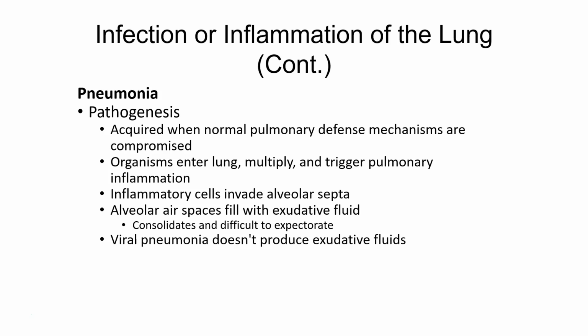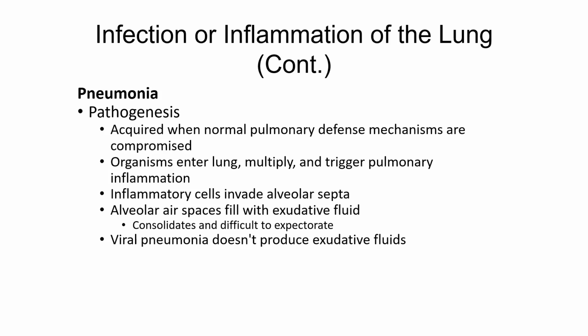And so what happens is, for some reason, your pulmonary defense mechanisms are compromised, and these organisms are able to get in there and cause the inflammatory processes to occur. As a result, this inflammatory exudate from the process of inflammation, just like we saw back in chapter 9, begins to fill the alveoli with fluid and reduce the area available for gas exchange.